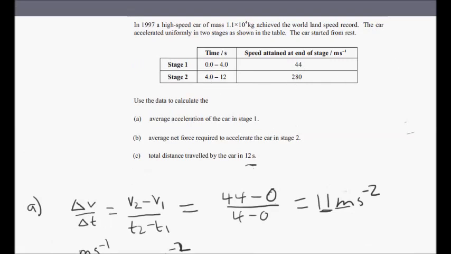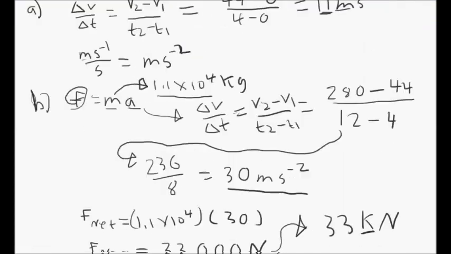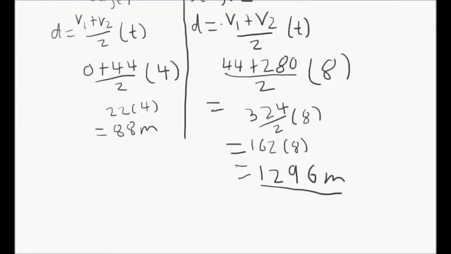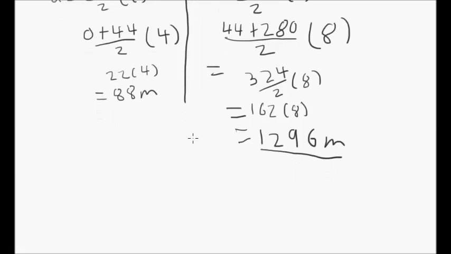Excellent. Now, let's add these two numbers together to find the total distance that the car has traveled from 0 seconds to 12 seconds. So 1,296 plus 88 is equal to 1,384 meters.